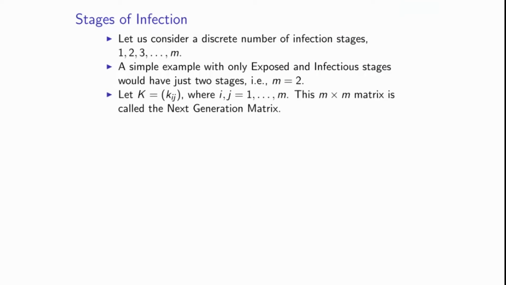And now we're going to formulate this in terms of a matrix model. Let's suppose that we have a matrix, denoted by the letter K. This matrix is square. It has m rows and m columns. So here is K, and K looks like a square.